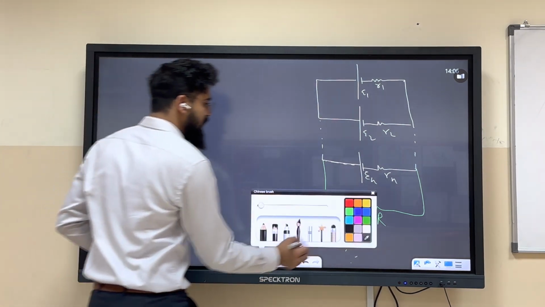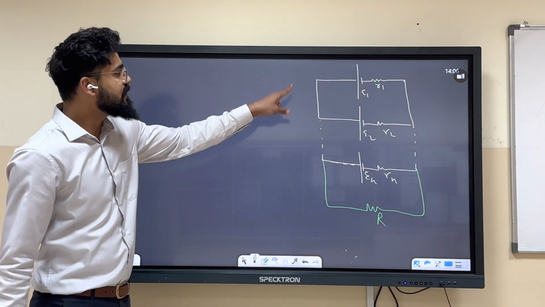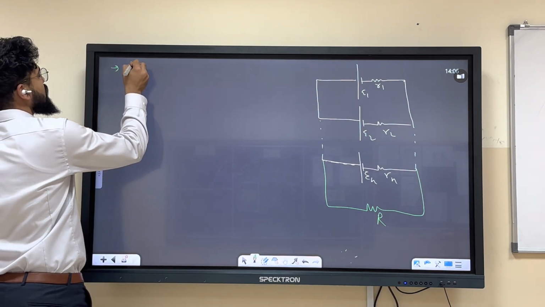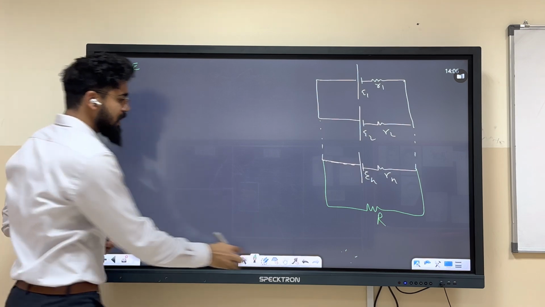Now we can use Kirchhoff's loop law in the outermost circuit.